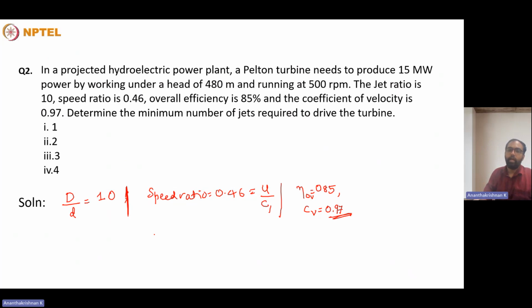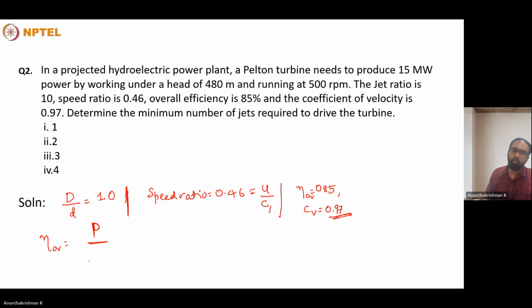So first of all, we need to calculate the actual volume flow rate. For that, we determine the actual volume flow rate from the overall efficiency, eta overall. The formula for the overall efficiency is given as the actual power produced divided by the power which is available corresponding to the fluid kinetic energy at the input.